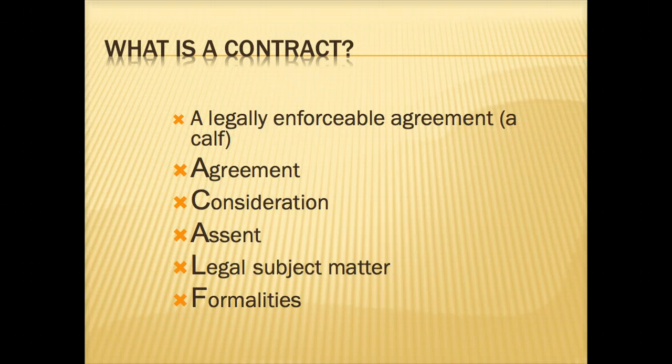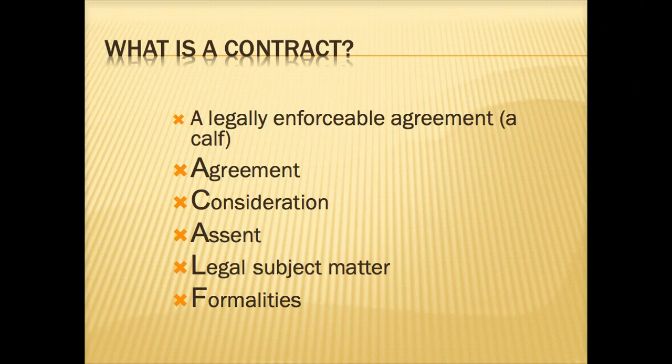So what's a contract? A contract is a legally enforceable agreement. And I have a memory device, a mnemonic device, a calf. A calf, of course, is a baby cow. The elements are, 1, an agreement. That's the A. 2, consideration. That's the C. A, assent.